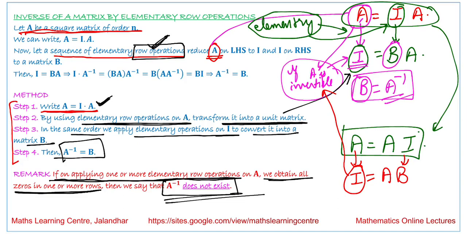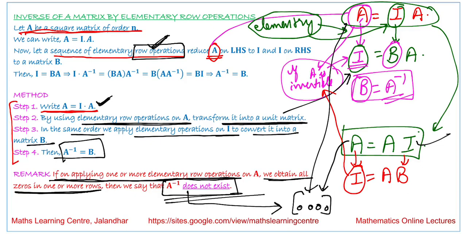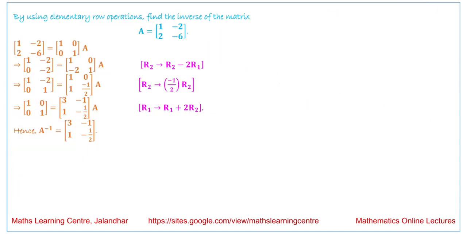We are saying that if you have started applying the elementary row operations on A and any of the rows becomes 0, or any of the columns in the column case, then we will say that A inverse does not exist. The more details of this inverse we will study in our next chapter, determinants. So based upon this we are going to solve certain problems.